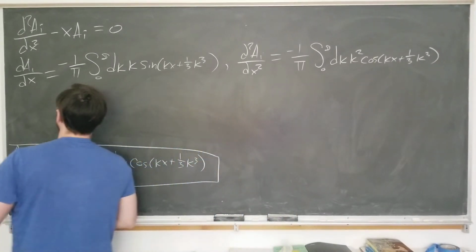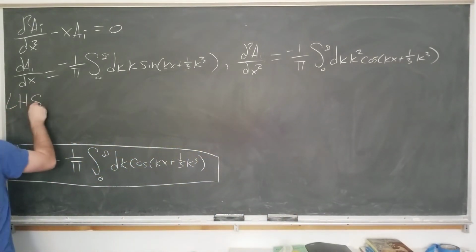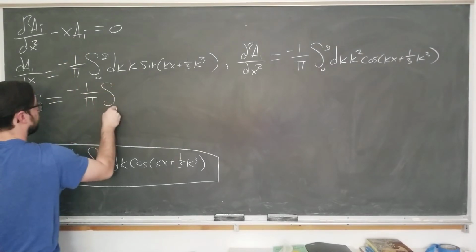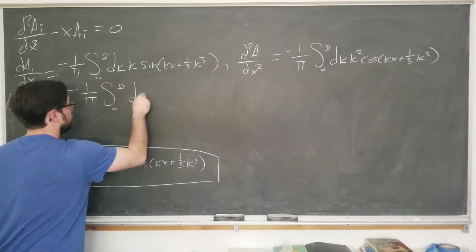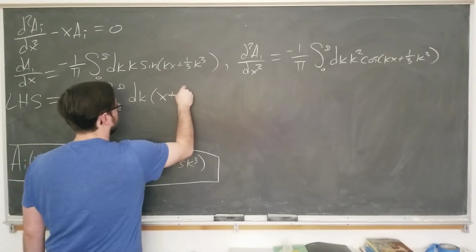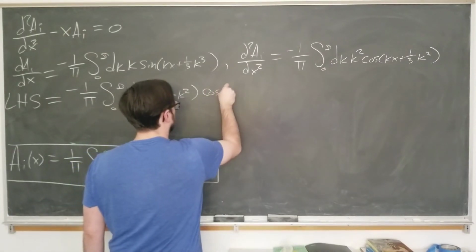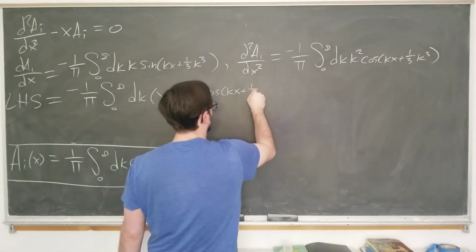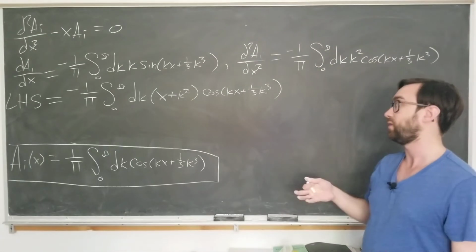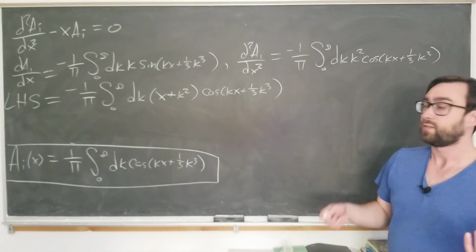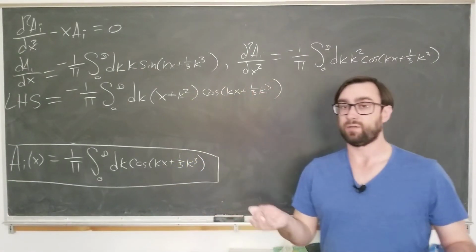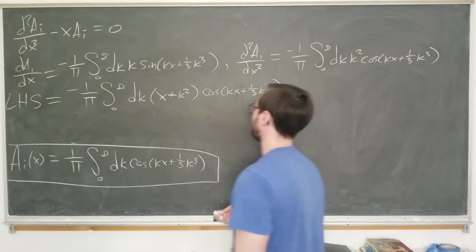When we do that, we have the left-hand side of our expression up there. This part is just going to be minus 1/pi integral from 0 to infinity with respect to k of, let's see, we're going to have x plus k squared, cosine of kx plus 1/3 k cubed. And it should be immediately obvious upon looking at this integral that somehow, miraculously, it's already in the form of the integral of cosine u du, which we can readily evaluate.